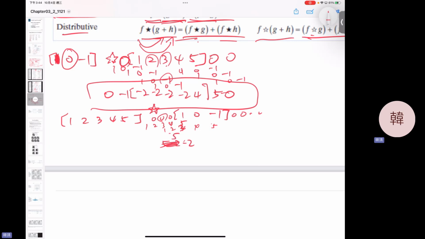This is a 5 here, and this one when you have 1, 2, 3, 4, this one here is a -2. Right? The results are different.